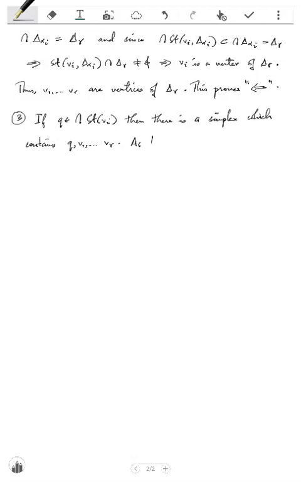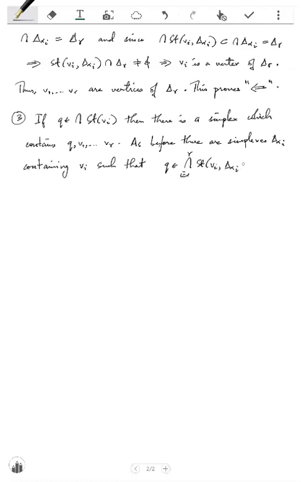So as before, there are simplexes delta alpha i containing v_i such that q belongs to the intersection of the stars of v_i comma delta alpha i, which is contained in the intersection of delta alpha i.